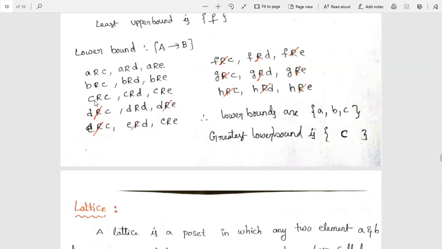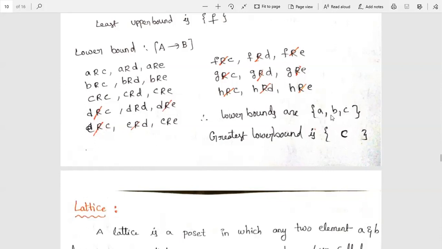C is related to itself, D, and E, so C is related to every element of B. So C is a lower bound of set A.